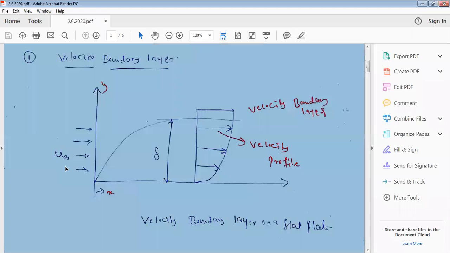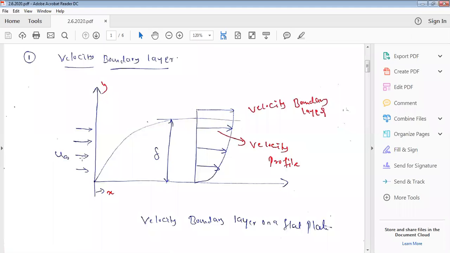If any air is flowing over here, the maximum velocity will come at the peak. That is called the free stream here. And the layer which is in contact with the plate has less velocity.